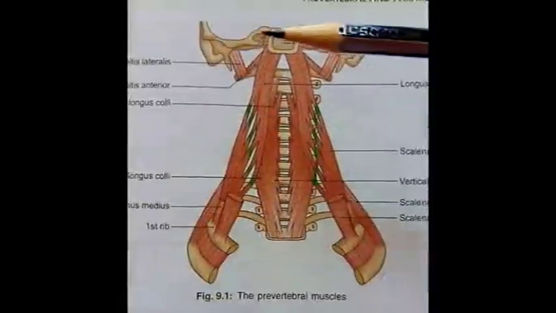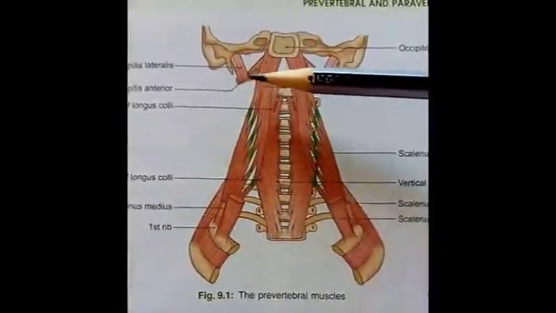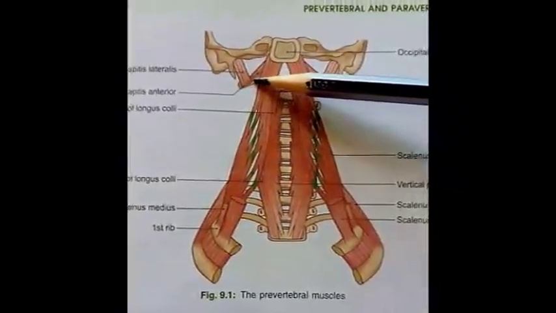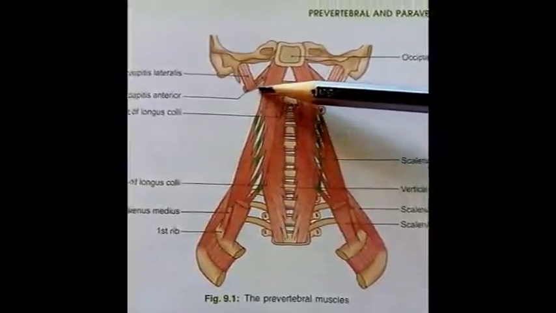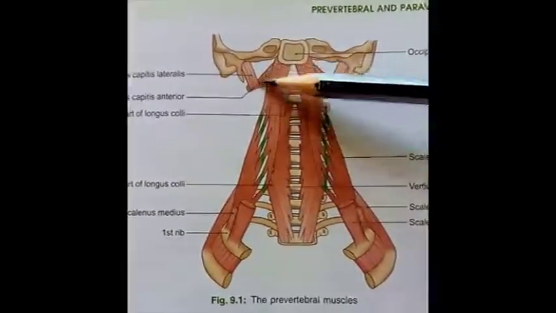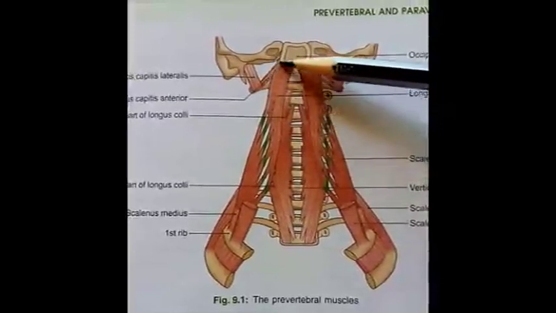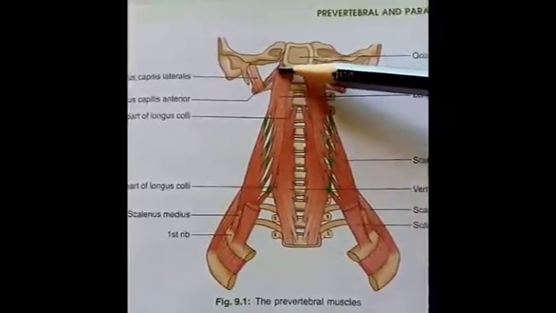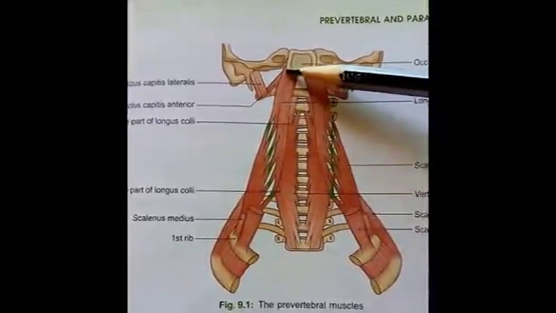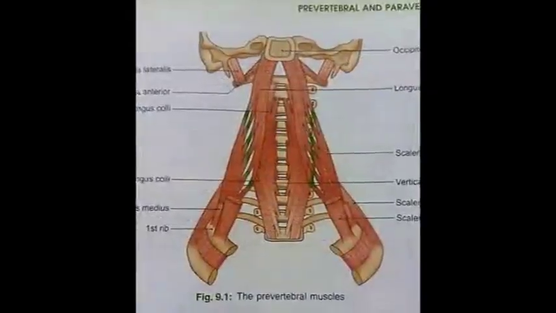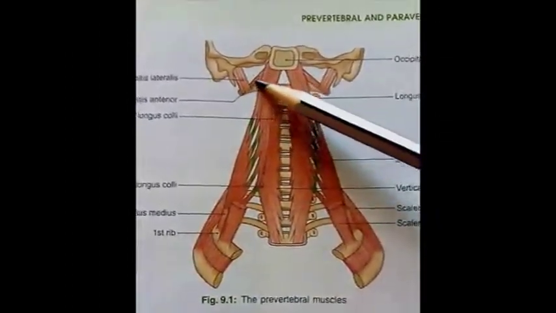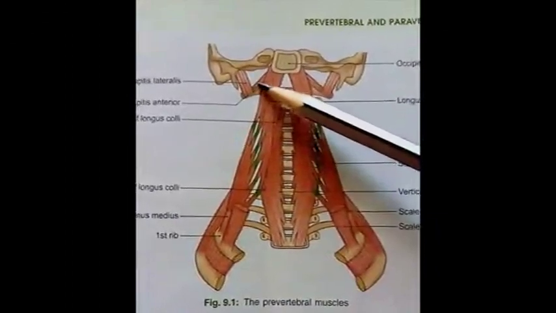Origin of muscle: this muscle arises from the anterior surface of the lateral mass of the atlas vertebra, in front of the occipital condyle, and then its fibers run upwards and medially and insert on the basilar part of the occipital bone close to the longus capitis muscle. Nerve supply.